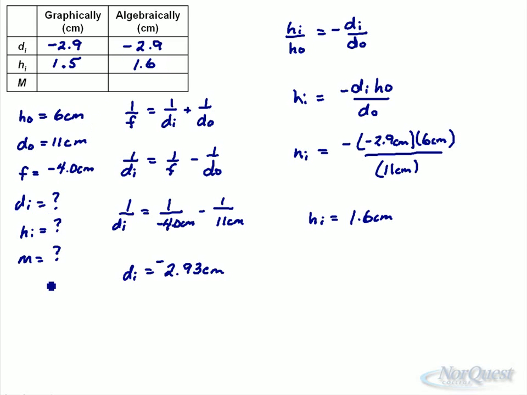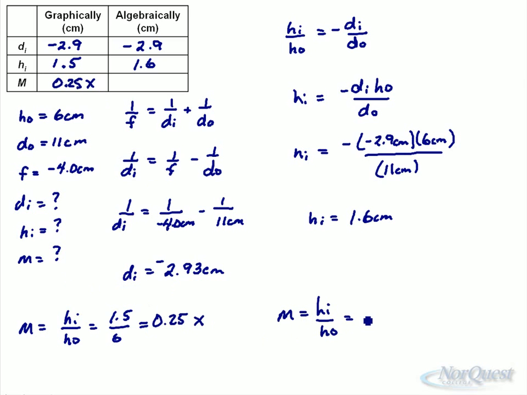And again, to do the magnification, HI over HO, use the graphical answers, 1.5 over 6 gives you 0.25 times, and do the algebraic one, 1.6 over 6, 0.27 times.